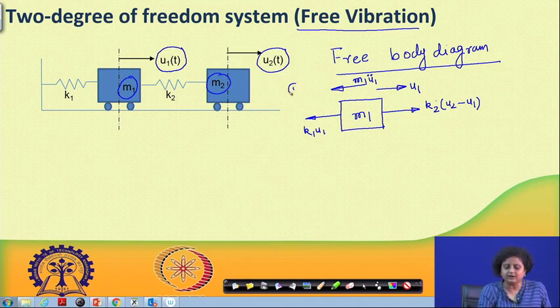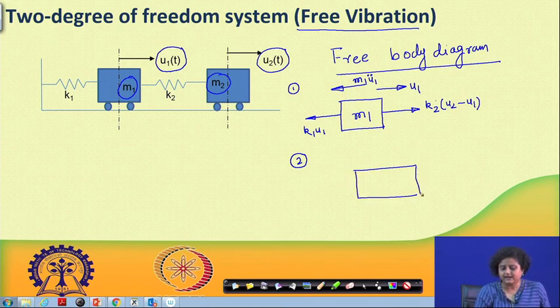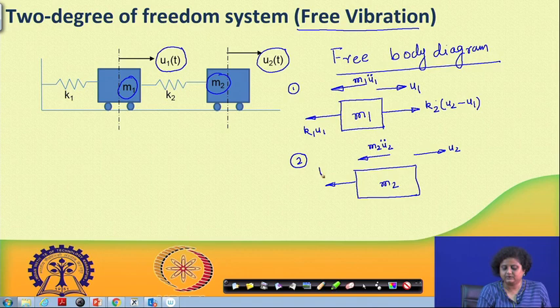Similarly for mass 2, I can again draw the free body diagram, and this is also going to be very similar. I have mass m2 which is undergoing a displacement u2. Therefore, the forces are the inertial force, which is m2 u2 double dot, and then I will have k2 (u2 minus u1).